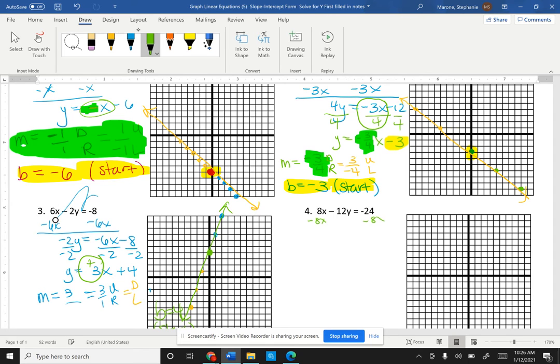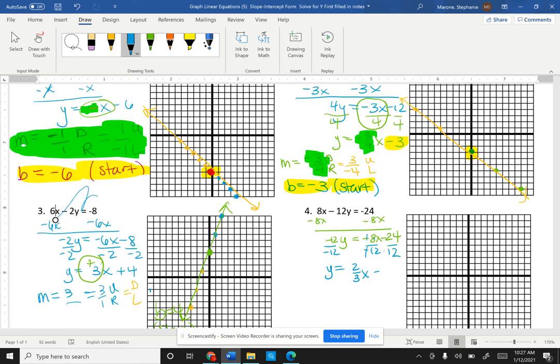Next one, I can subtract 8x from both sides and get negative 12y is equal to negative 8x minus 24. Then I can divide everything by negative 12. So when I do that, y is positive because a negative divided by a negative is a positive. 8 divided by 12 is not divisible, but we can reduce it by 4. 4 goes into 8 twice and into 12 3 times.